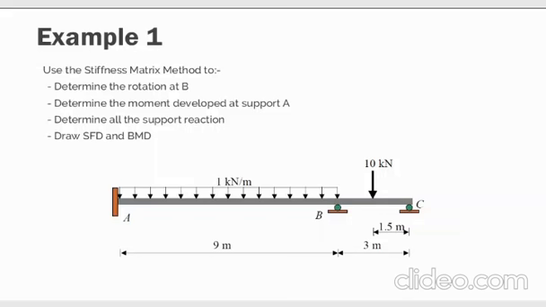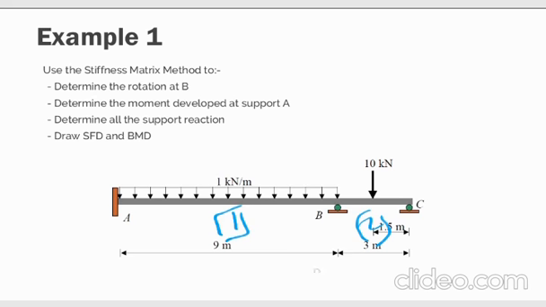Hello everyone. In this video we will see how we can solve a beam by the stiffness method. Here in this example we have a beam with two members. This is member 1 and this is member 2.